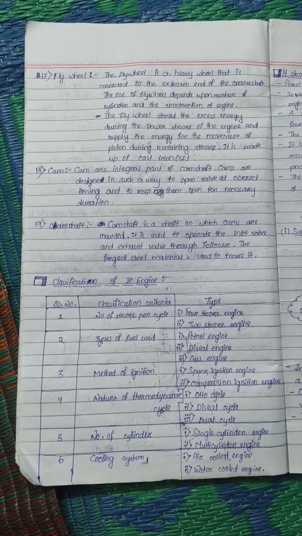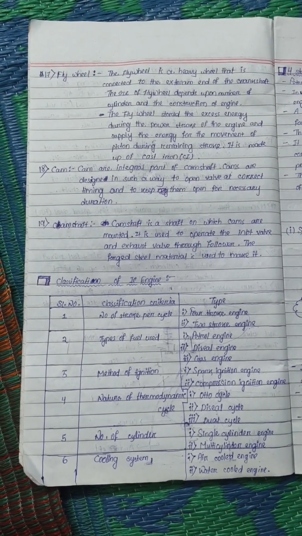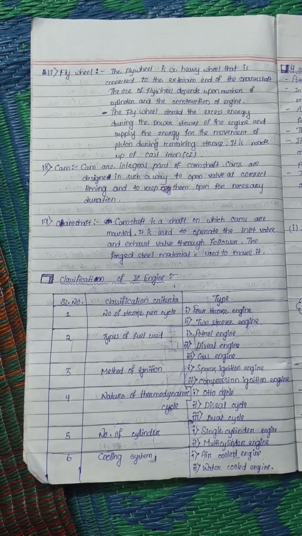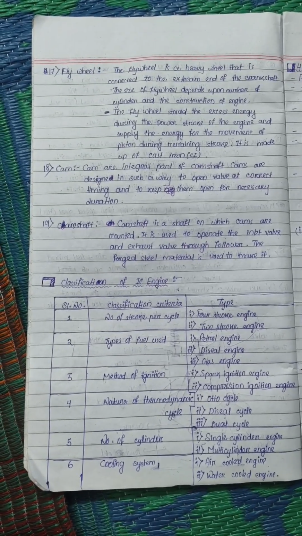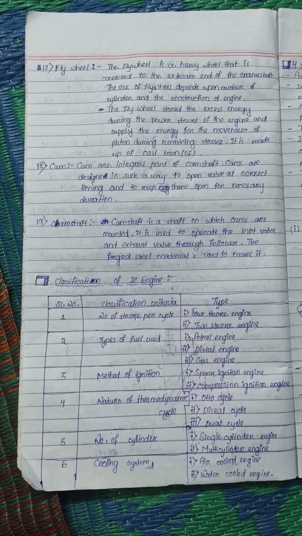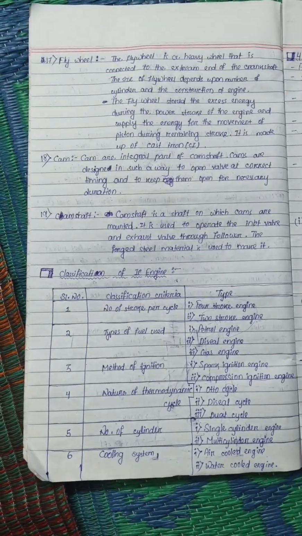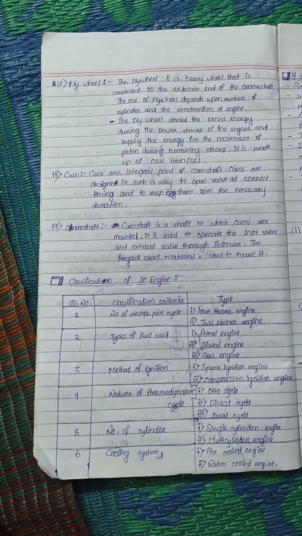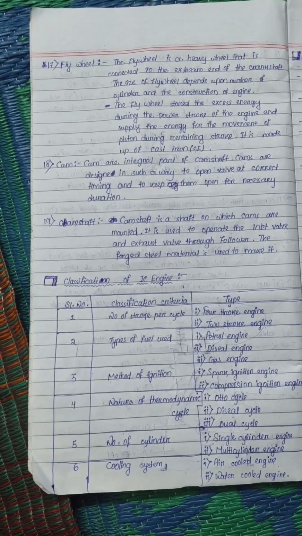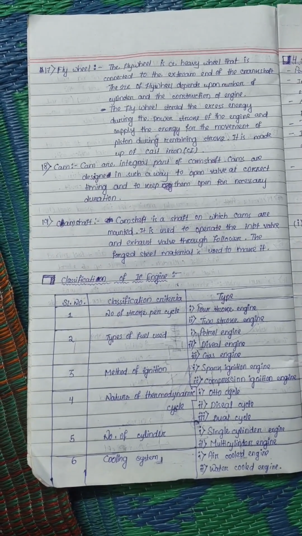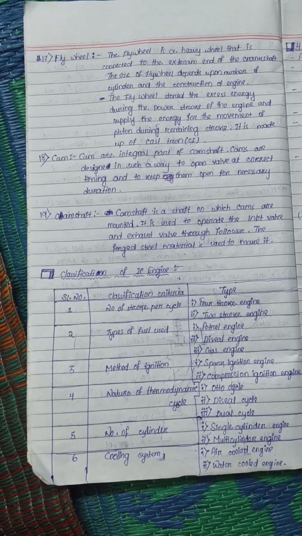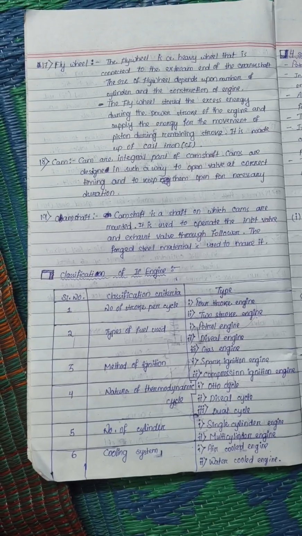Classification of IC engine. There are different classifications of IC engine. In total we have six classification criteria. Number one is the number of strokes per cycle, in which we have two types: four-stroke engine and two-stroke engine.